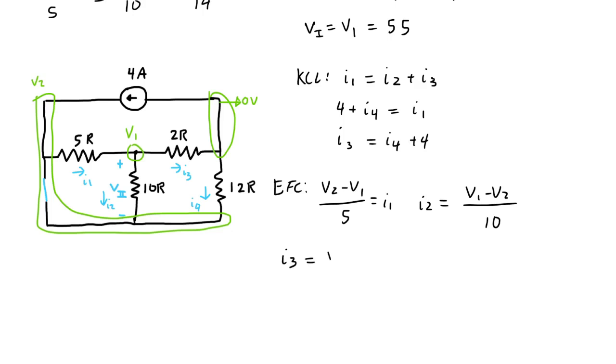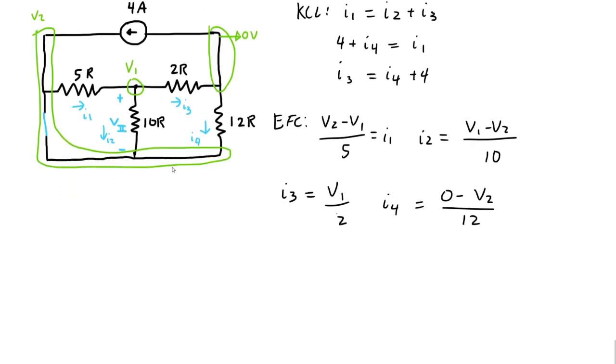I3 is V1 minus 0 over 2, and I4 is 0 minus V2 over 12. Okay, so now let's go ahead and start solving.